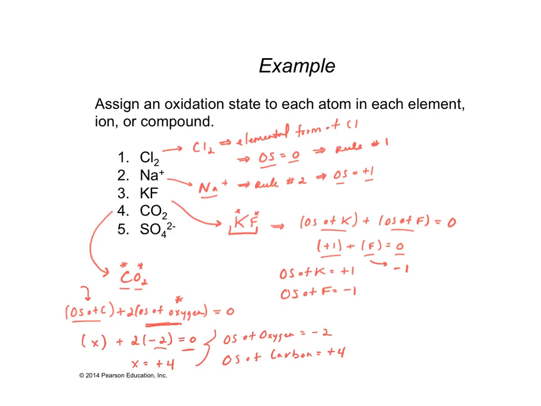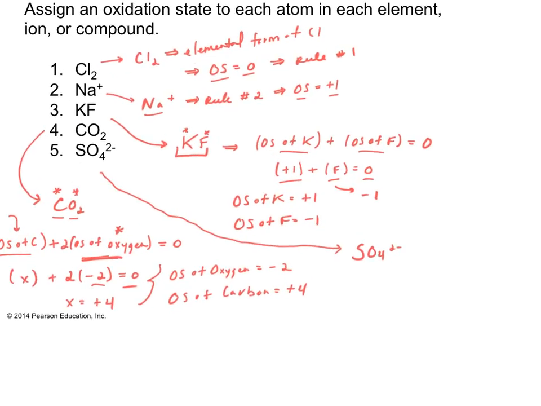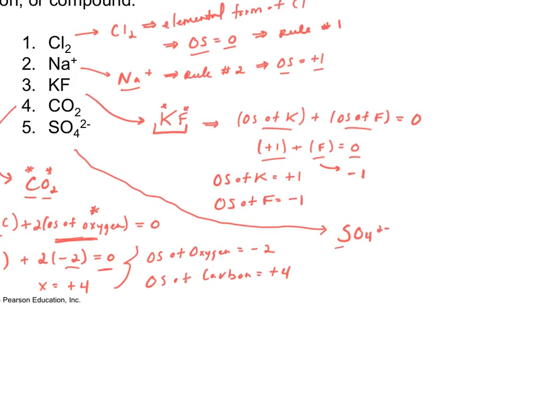Okay, so then last one, we've got sulfate. So I'm going to take my little sulfate here. I'm going to go over here with it. So now we have a polyatomic ion, right? So again, it's a compound, just like we've done for KF, just like we've done for CO2. But now the big difference is that this is not neutral, right? It has a charge to it. So the only thing that's going to change here, again, this plus 4 of these have to sum to the charge of the overall ion.